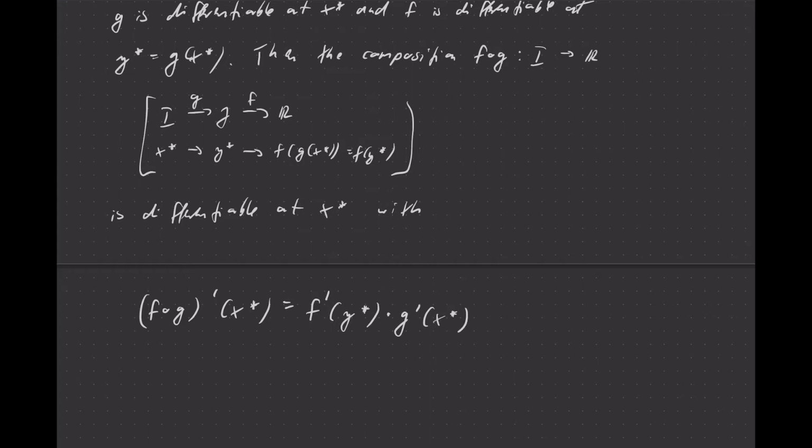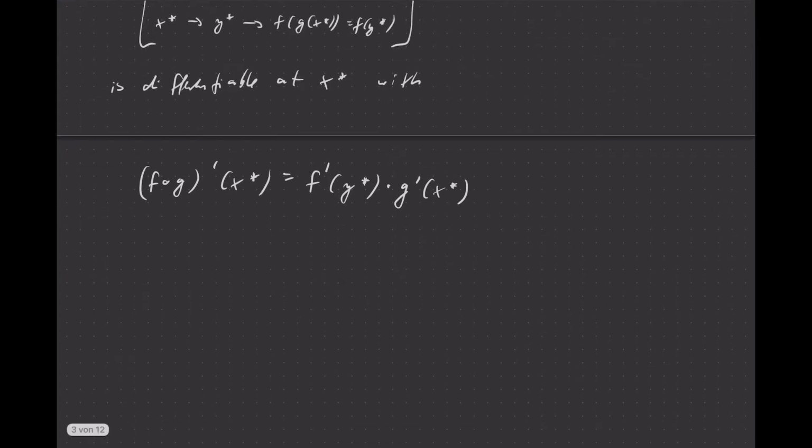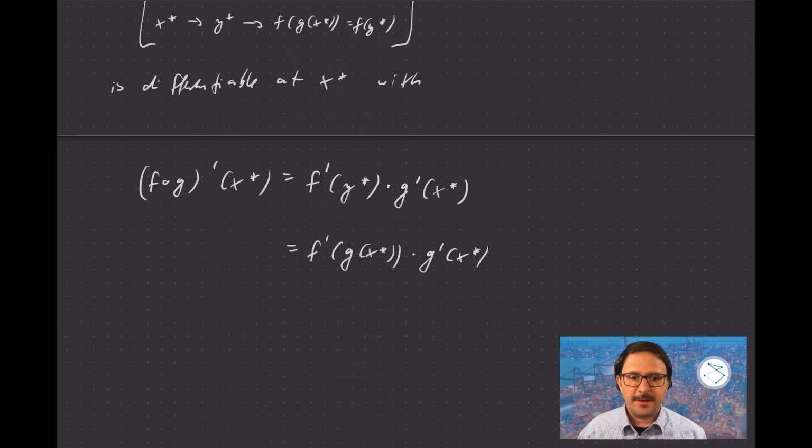So this composition kind of translates into a multiplication when we do the differentiation. You could also say that is the derivative of f at g of x star. So you differentiate the outer function, and then you multiply the result by the derivative of the inner function g at the point x star. So this is the so-called chain rule of differentiation.